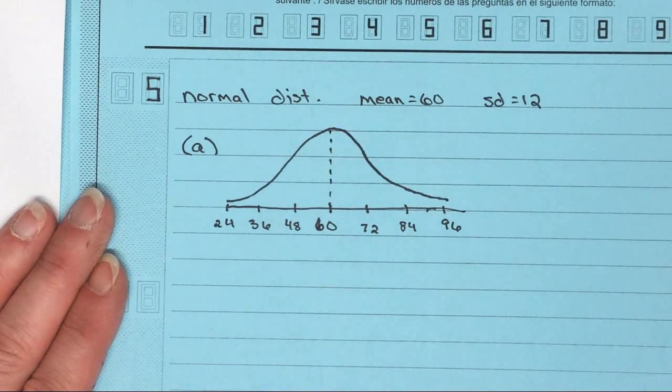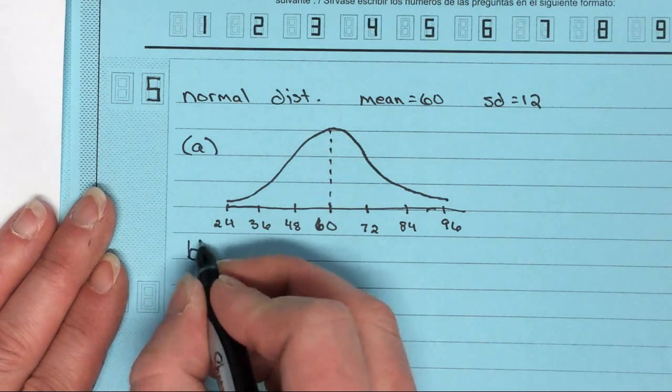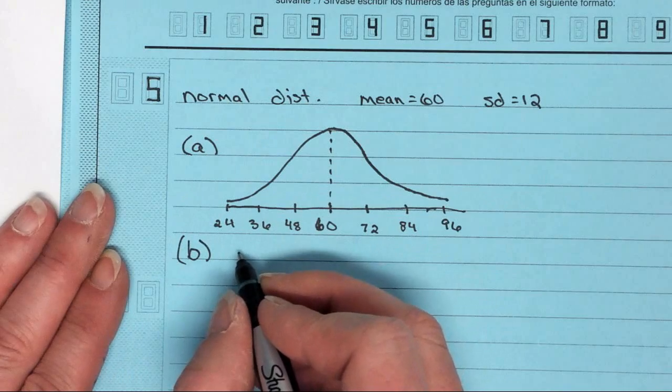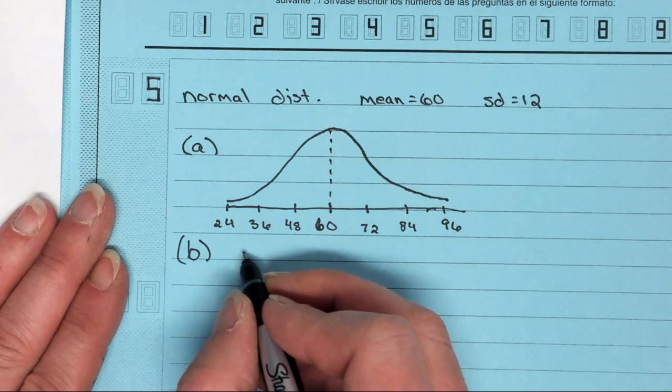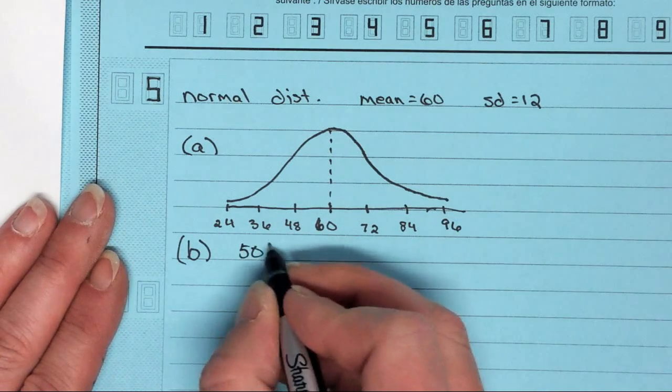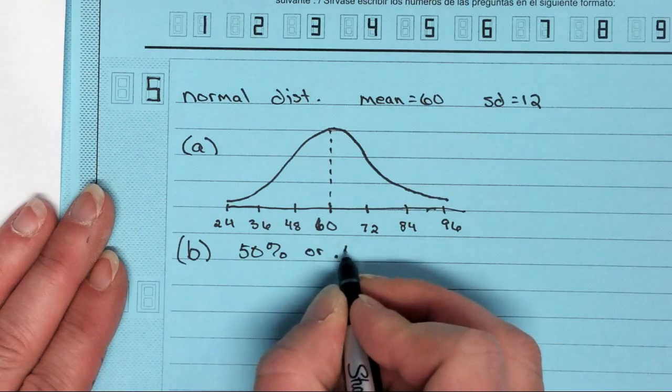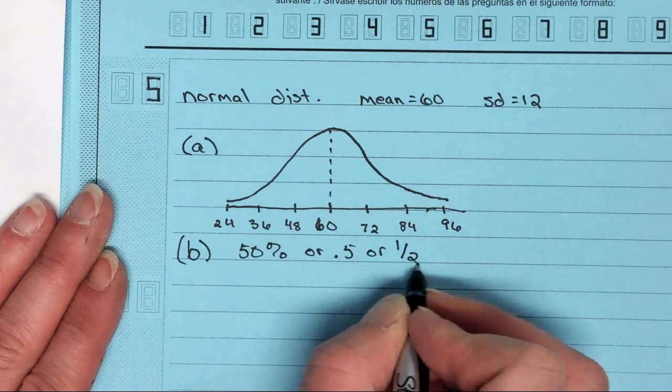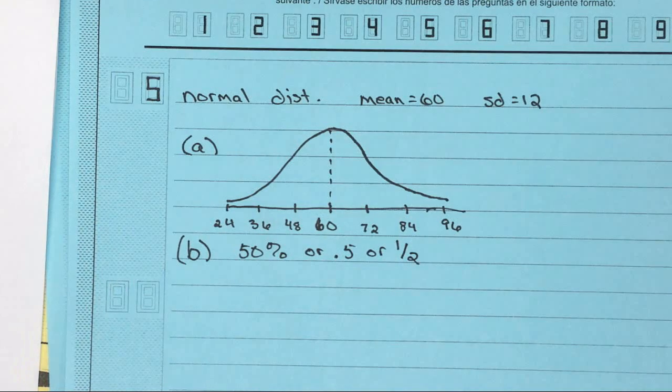What's the probability I'm going to find somebody who scored a 60 or below if the mean was a 60? 50%. That's a one-pointer because you shouldn't have to do any work. They would accept 50% or 0.5 or 1/2. They'll accept any way you write 50%. They're happy.